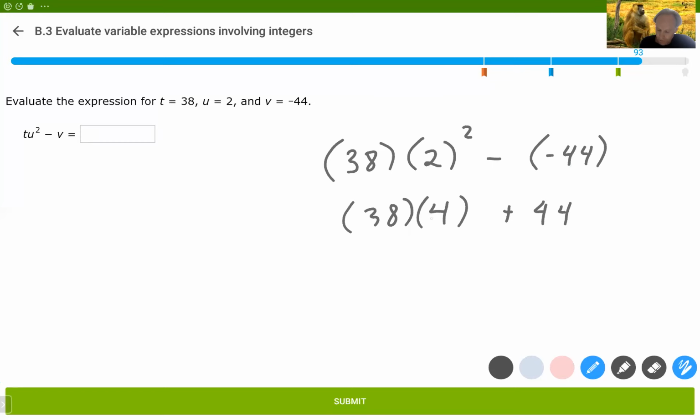I have to do this multiplication first anyway, and then I'm going to add the 44. I could leave this as a double negative, or I can put a plus 44. Now what I'm doing here is I'm multiplying the 4 times the 30, which is 120, multiplying the 4 times the 8, which is 32, and adding them together, 152 plus 44. And when you add that, you get 196, and you're done.